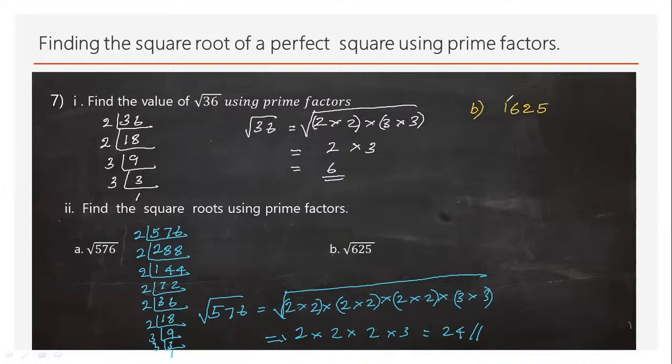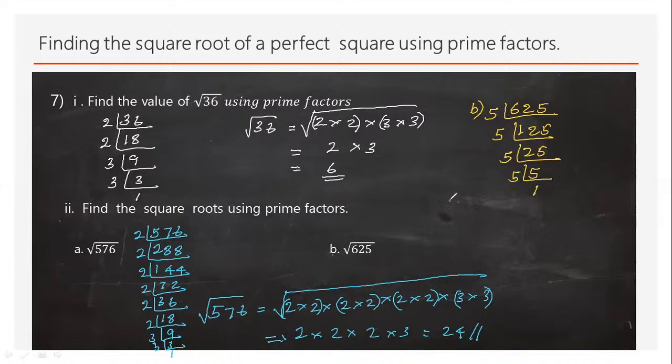625. First divide by the smallest prime number 2. No, it is not divisible by 2. We have to divide it by 5. That gives 125. Again divide by the smallest prime number 5, 25. Again divide by 5, 5. Again divide by 5, 1.